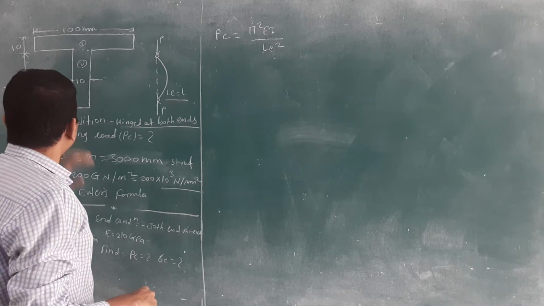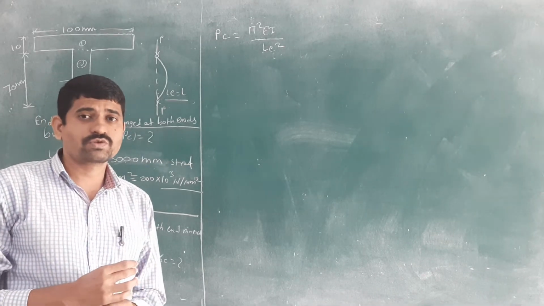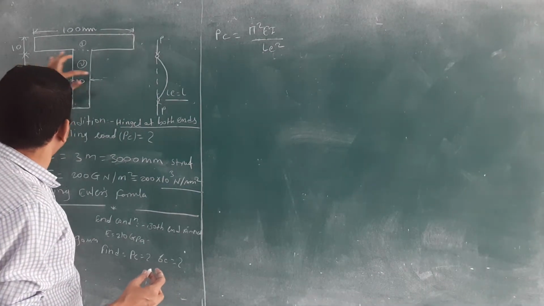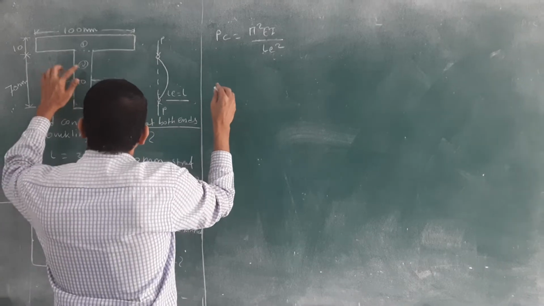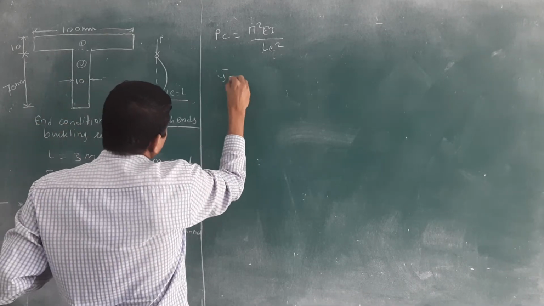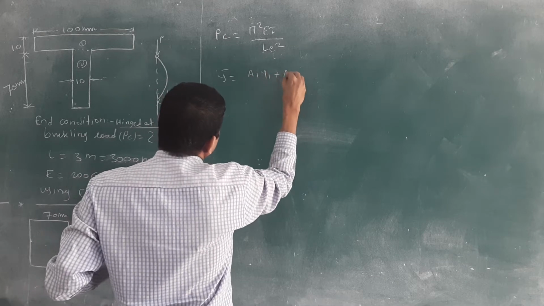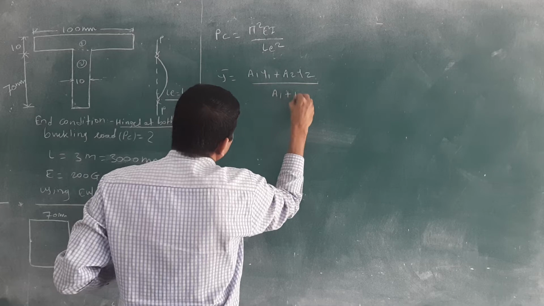First we want to calculate the position of the neutral axis, or the position of the centroid. How to calculate that position of centroid? Because this is unsymmetric, Y1 is equal to, we know that, A1 Y1 plus A2 Y2 divided by A1 plus A2.